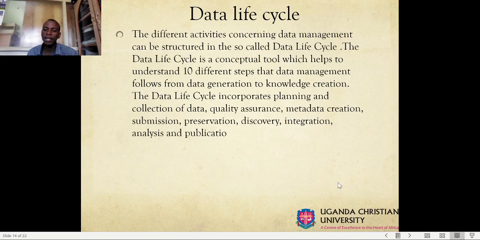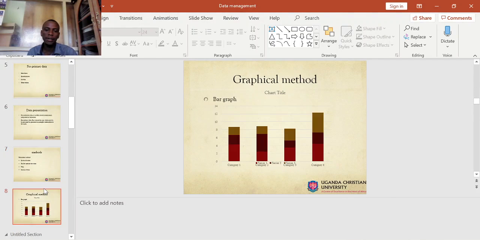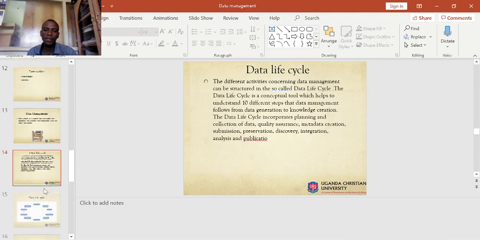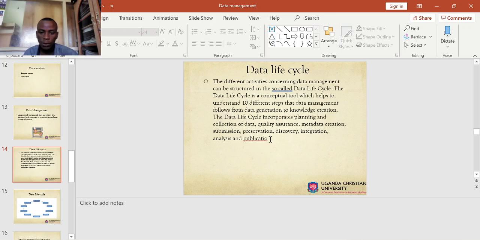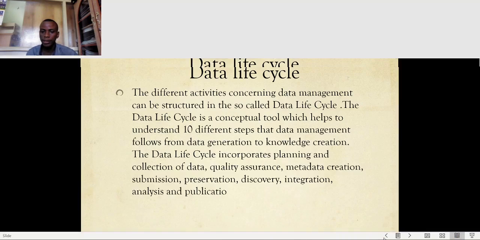Those are the elements which make up our 10 steps of the data life cycle. This is publication, and N is missing here. We should add it.